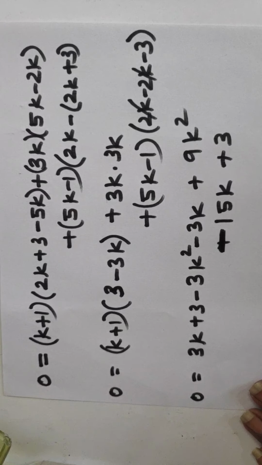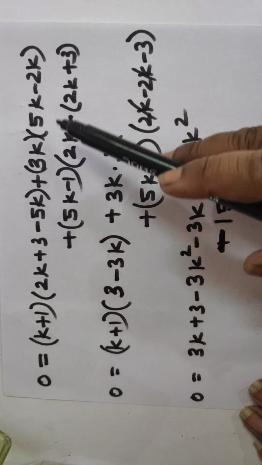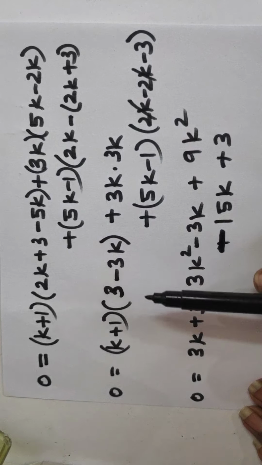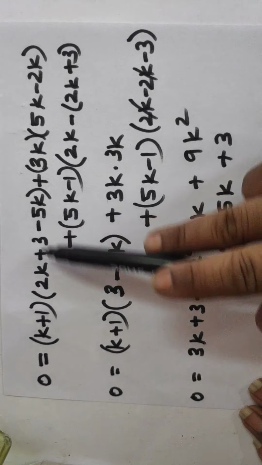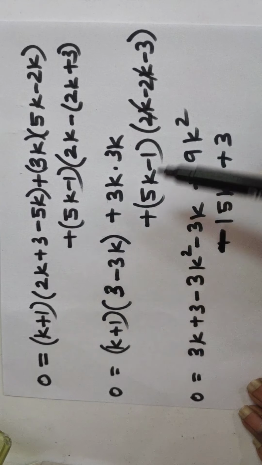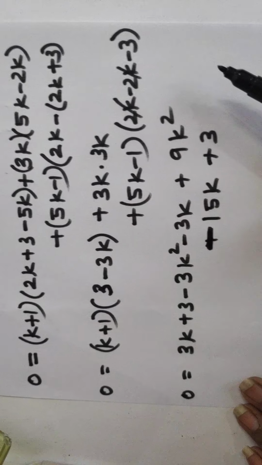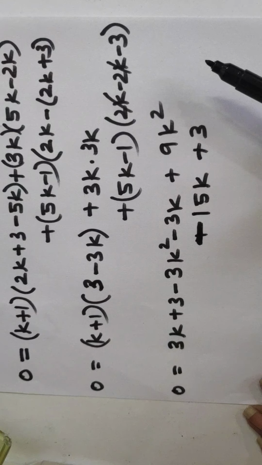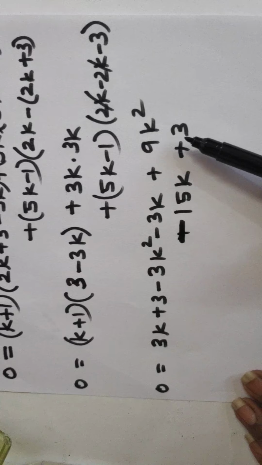So when we have put the values and solved the brackets, we have got this. 2k will be cancelled out and it will be left with this. Now we are going to solve this.